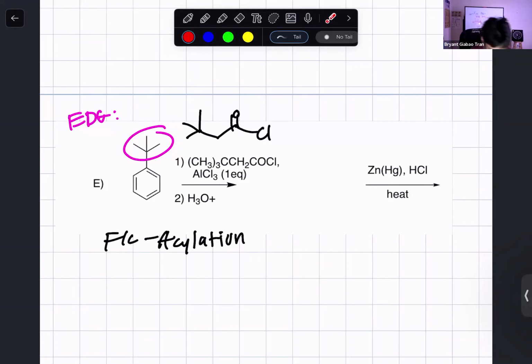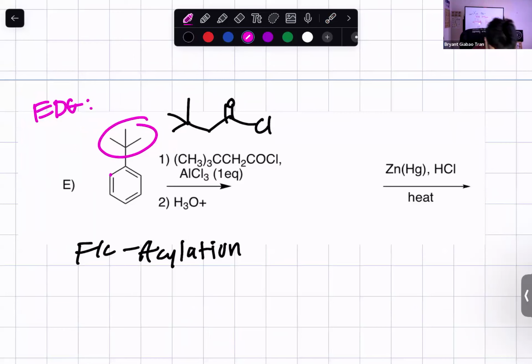Yep, ortho-para directing. So the less hindered product.